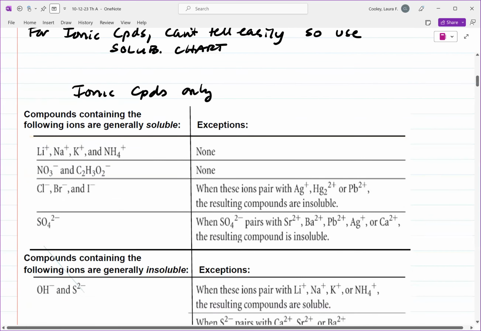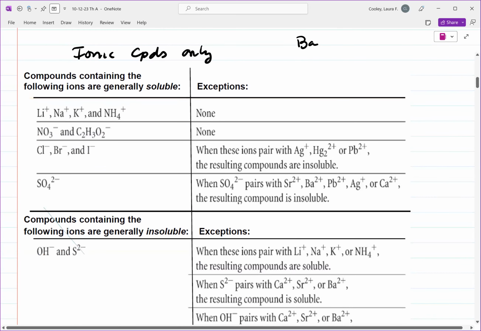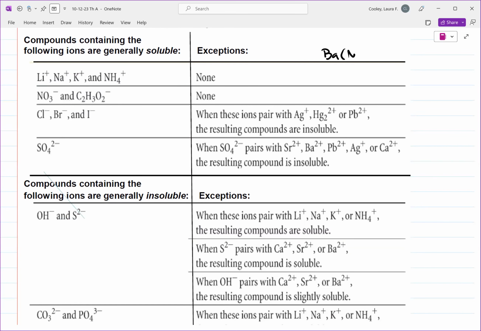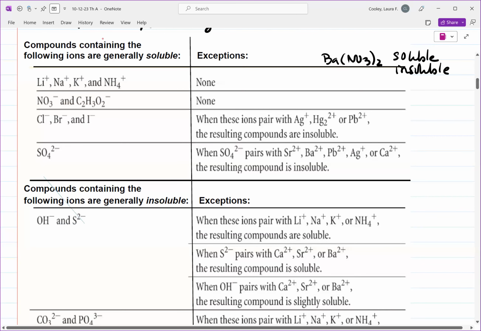Okay, and just to throw an example out, what about barium nitrate? Let me show you the whole thing. So suppose we have Ba(NO3)2. Is it soluble or insoluble? So this table is broken down into two sections: ions that are generally soluble and ions that are generally insoluble.